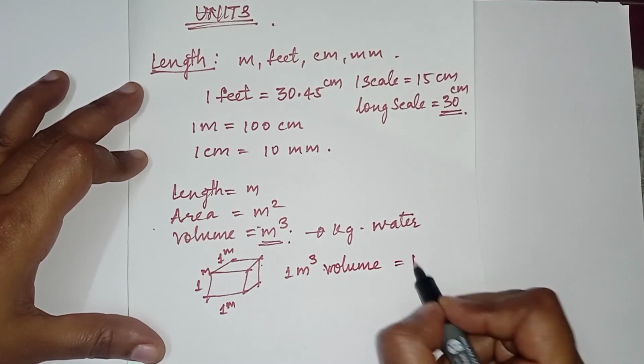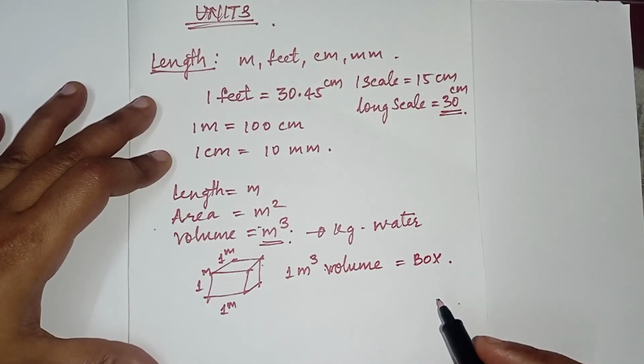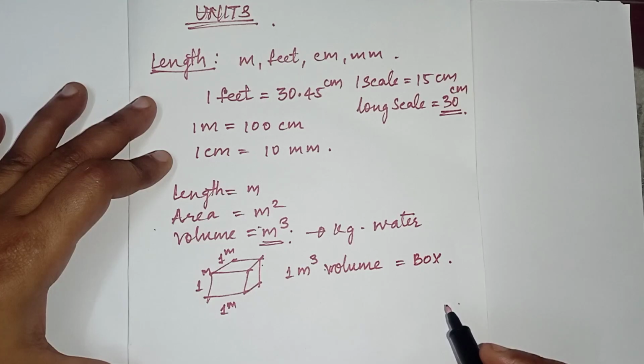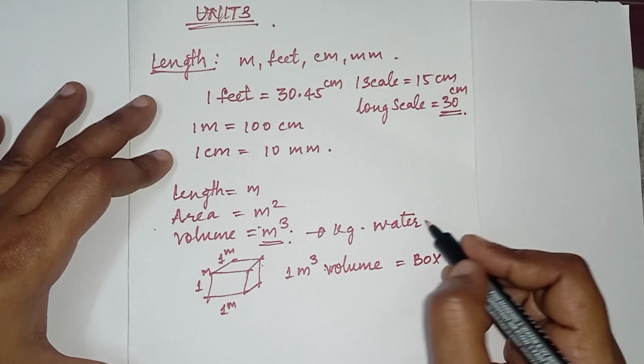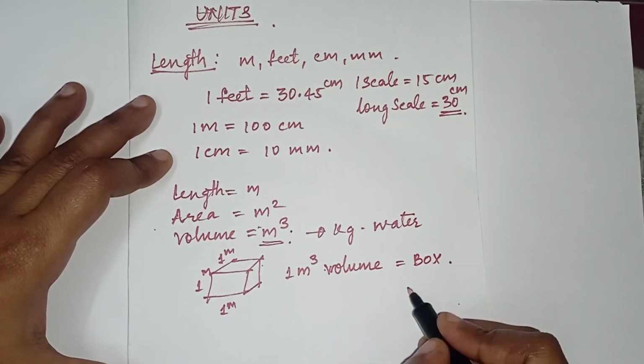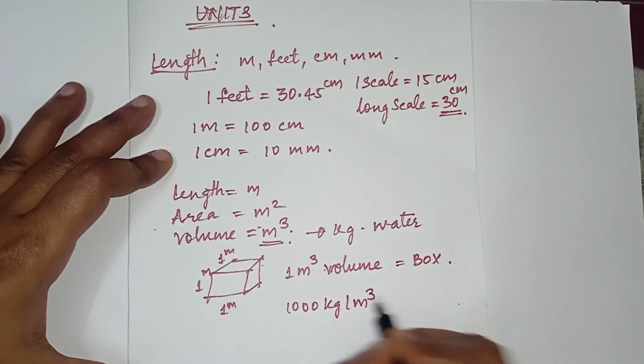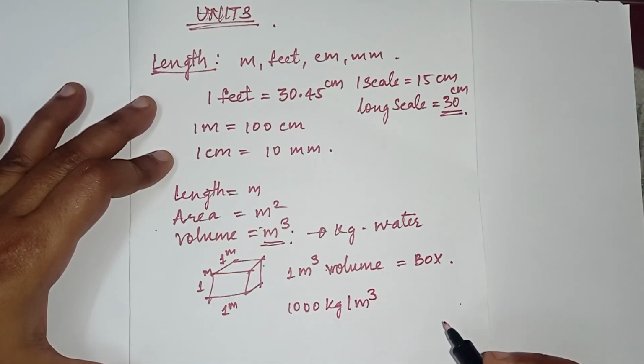Consider this as a box. In this 1 meter cube volume box, how many liters or how many kg could be accommodated? Generally we consider for water it is 1000 kg per meter cube.